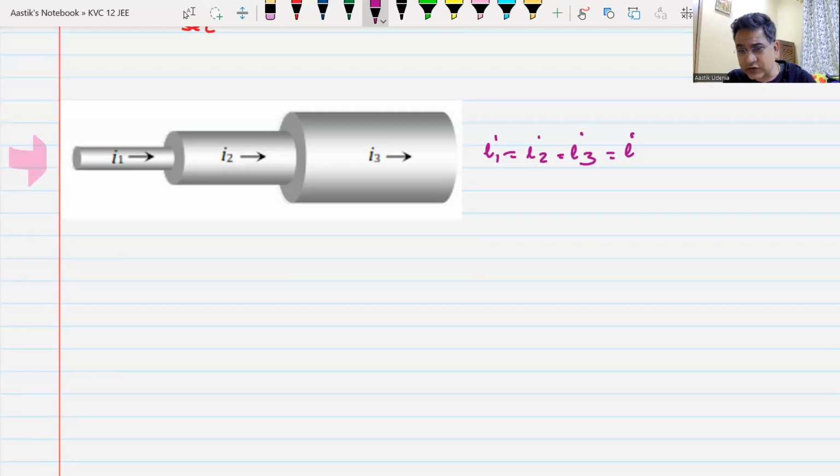So current flowing through a conductor does not depend on the area of cross section. If you have different resistances connected like this, will the current be the same or different in the three conductors? We have done so many questions on series parallel, the entire circuit solving exercise, so the current is going to be the same. Current does not depend on the area of cross section. I hope we understand this. Yes or no?